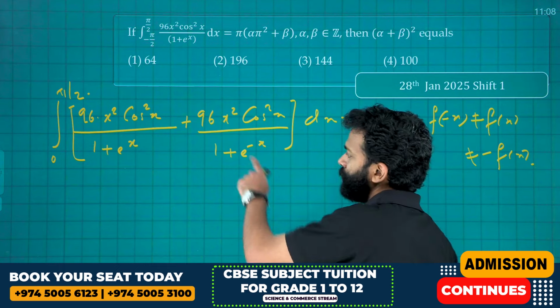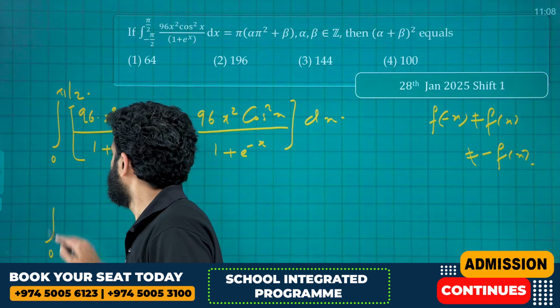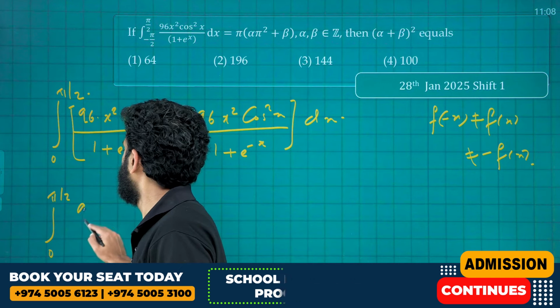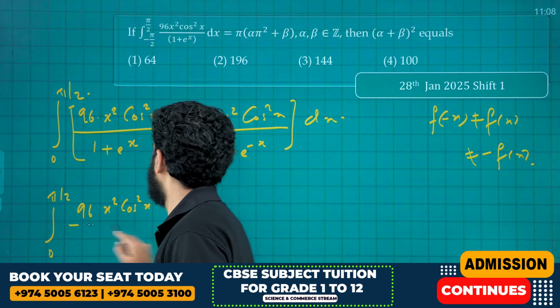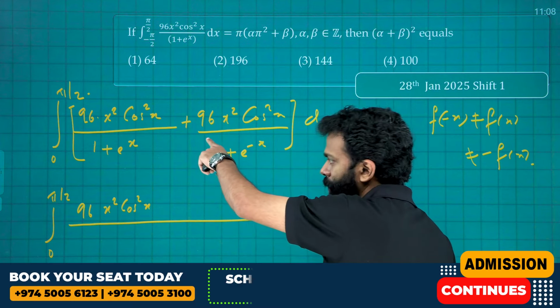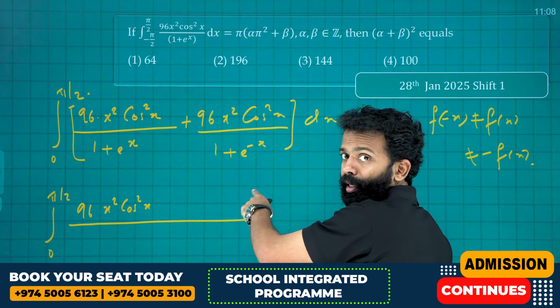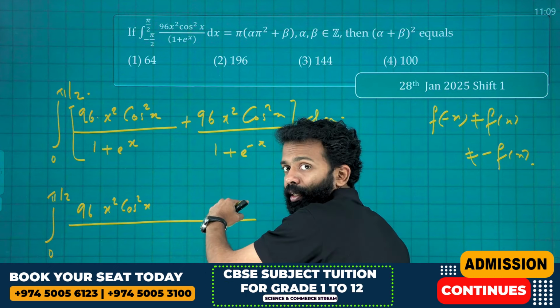See, for 1 plus e raised to minus x, the integral from 0 to pi by 2 of 96 x square cos square x divided by this can be written as 1 by e raised to x. If we cross multiply, it becomes e raised to x plus 1 divided by e raised to x, right?